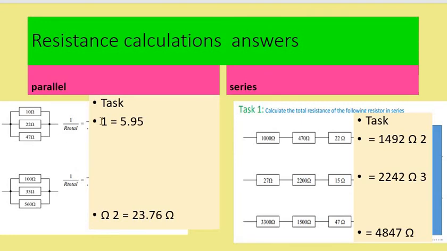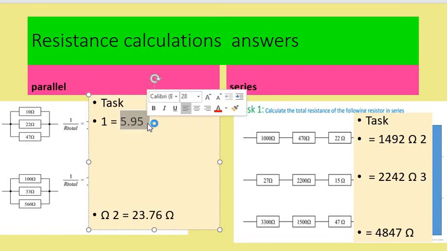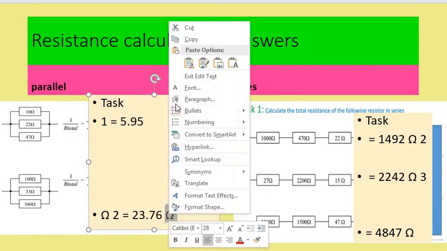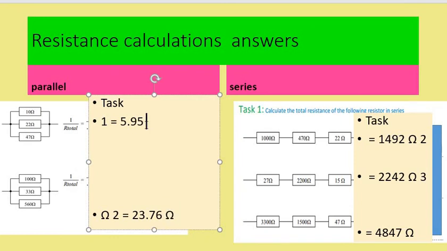And you add each of those together, and you divide it by 1, 1 divided by the total, and you should get 5.95 ohms. Try to always include the symbol of measurement.